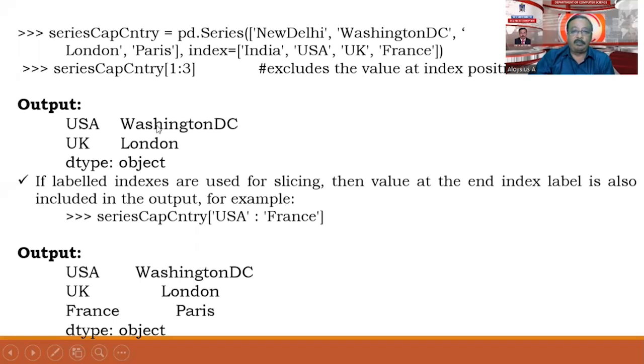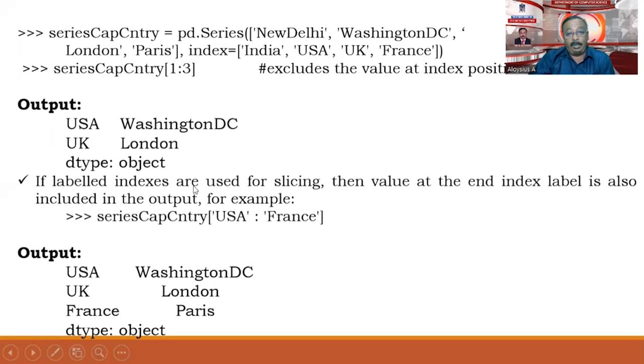So we are starting from Washington, and it is going up to 3. 3 minus 1 is 2. So this is 0, 1, and 2, up to London. So start from location 1, end before location 3. That is the meaning of 1:3 in this slicing parameter. So it excludes the value at the end index position, and it will use the position 1 before that location.